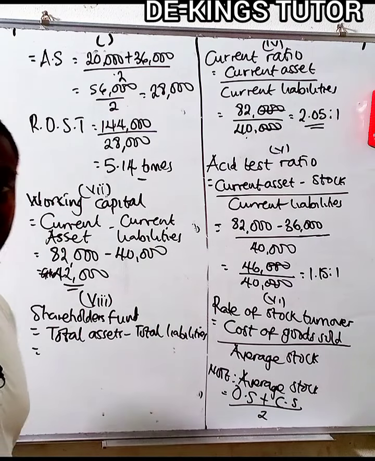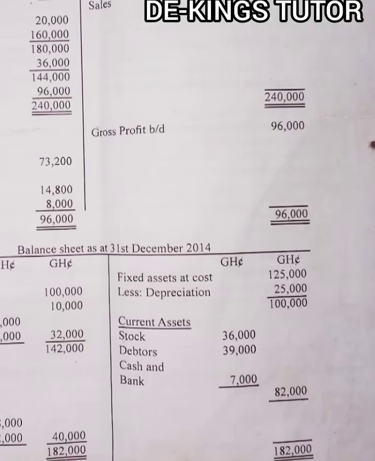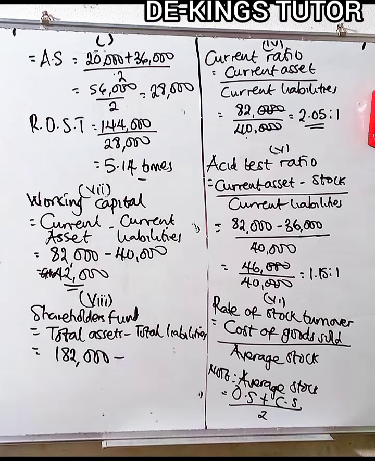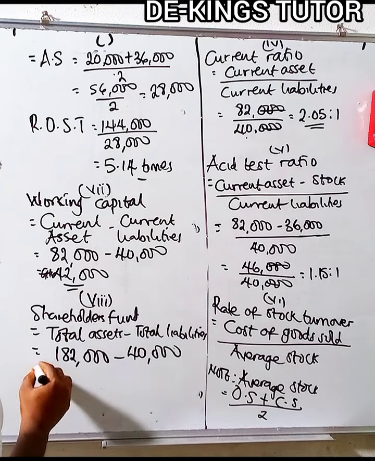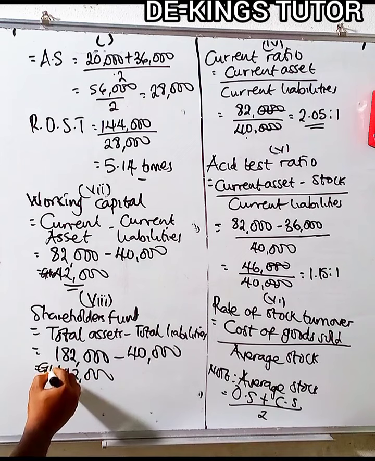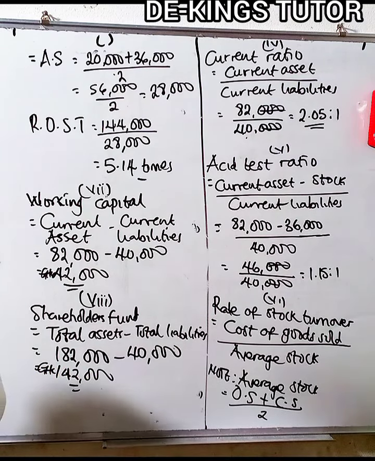Now let's see the total asset. The total asset is 182,000 minus the total liabilities. It's only the current liability that's there, and it is 40,000. So that will give us 142,000 Ghana cedis. So 142,000 Ghana cedis is the shareholders fund.